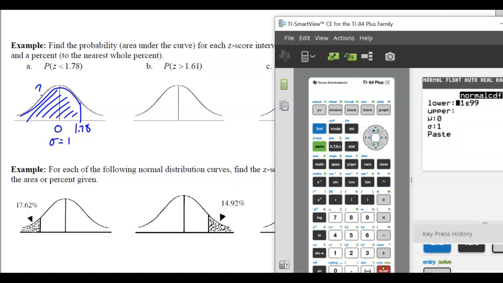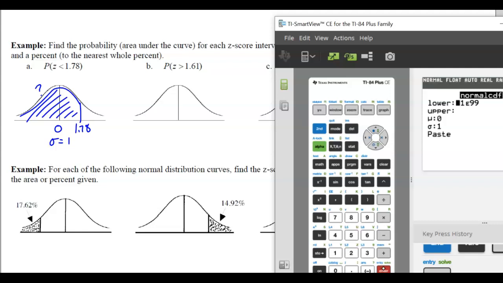My calculator, and most of yours if you have newer versions, will see a screen like this. If you don't, I'll show you what you enter, but most of you will. It's asking for the lower and upper, meaning the lower boundary of your normal distribution, upper, mean, standard deviation, and this paste means it's going to paste it into where it calculates.